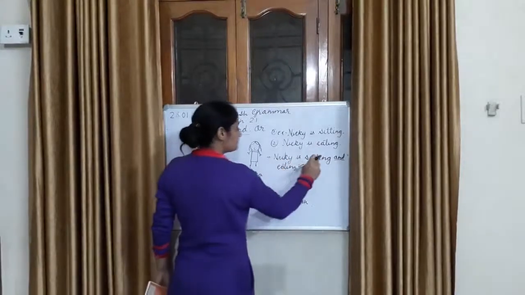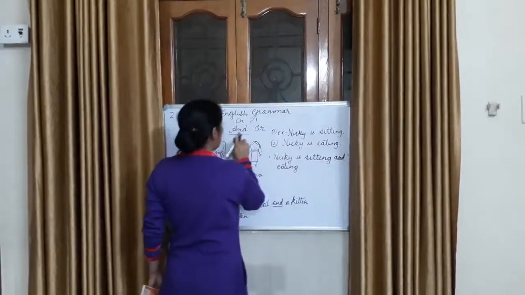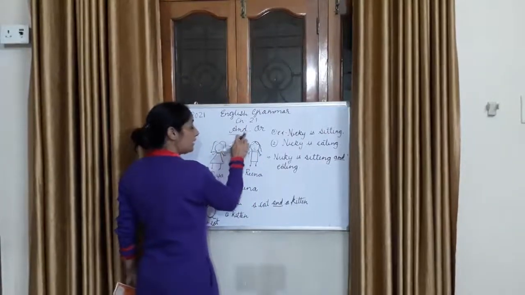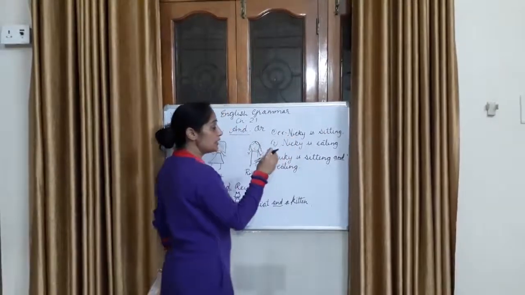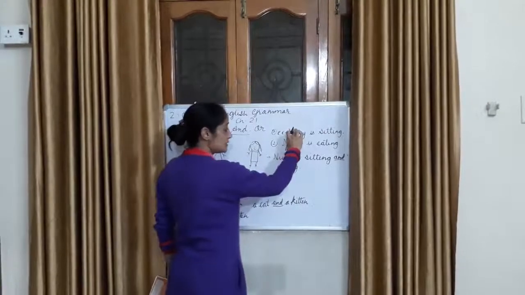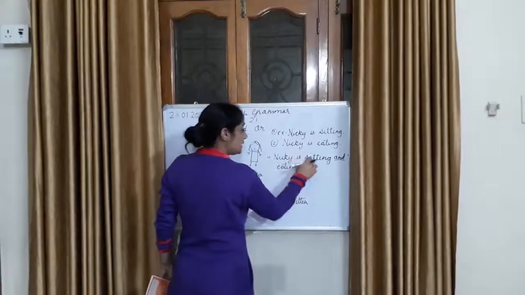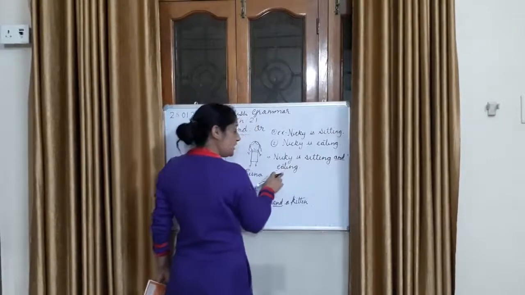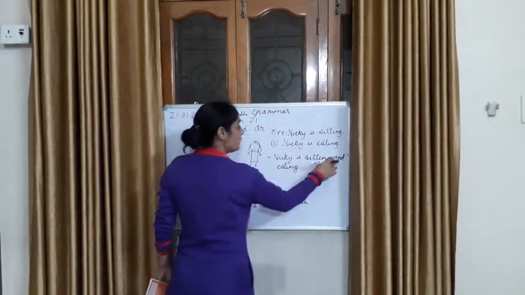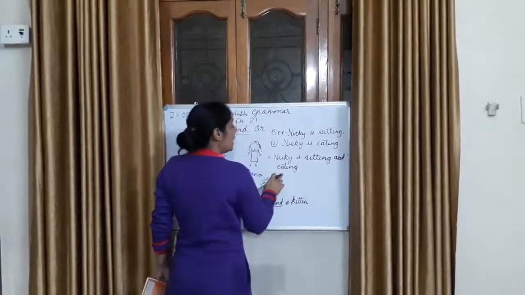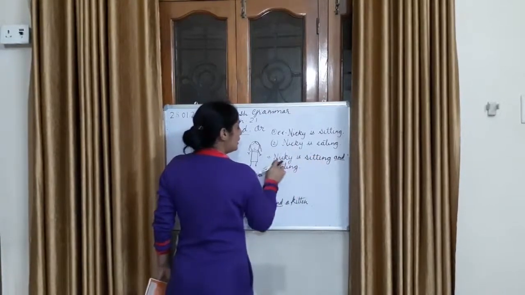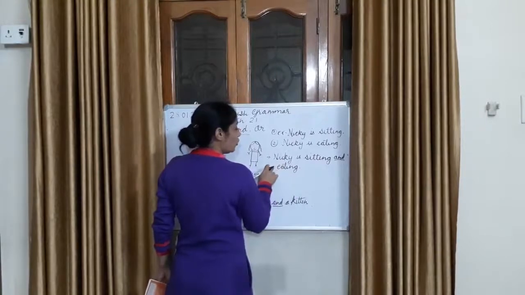So children, now with the help of and we will join these two sentences. See, Nikki is sitting and eating. Here we will write and. There is no need to write the name Nikki again.